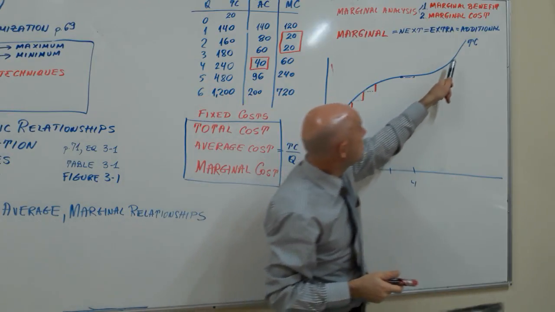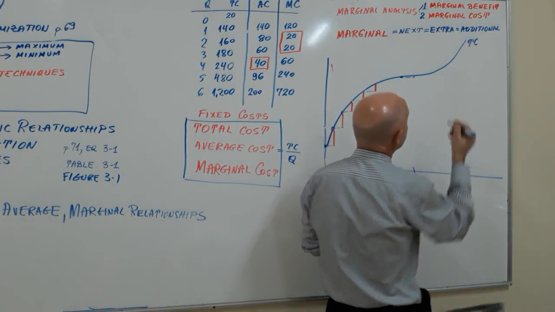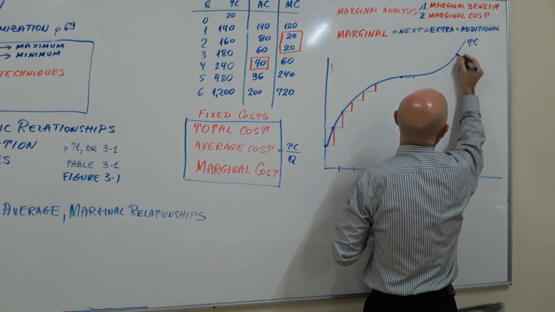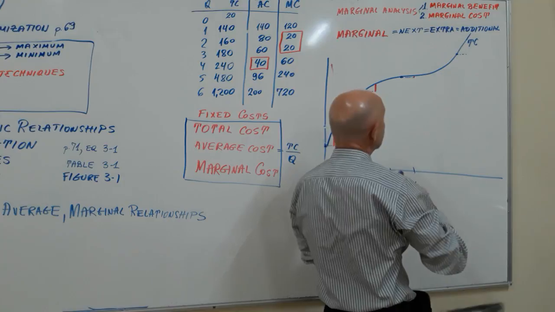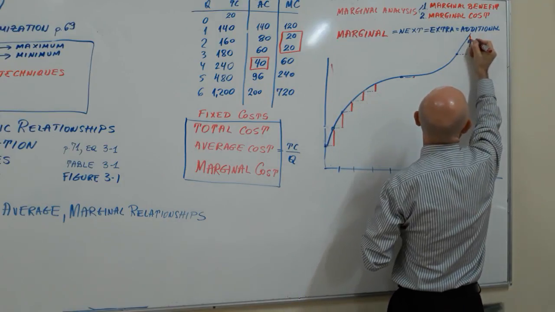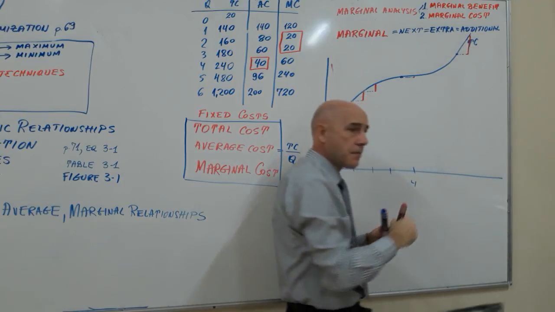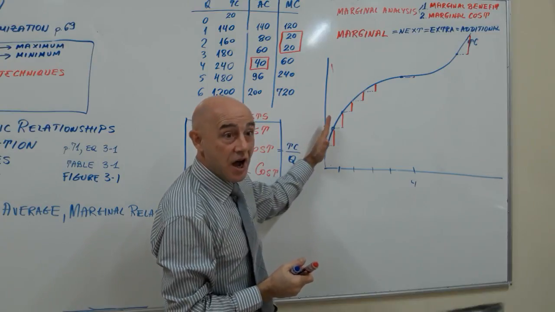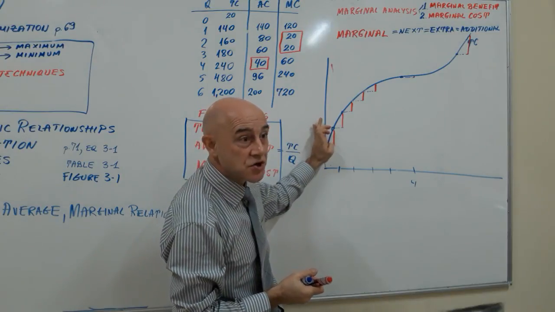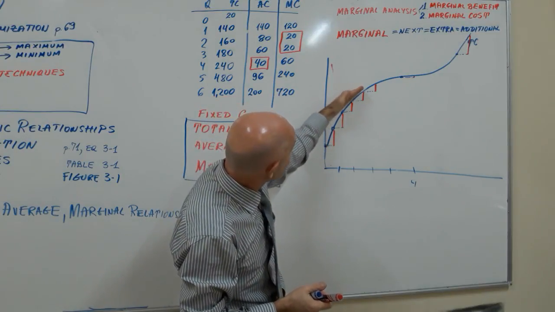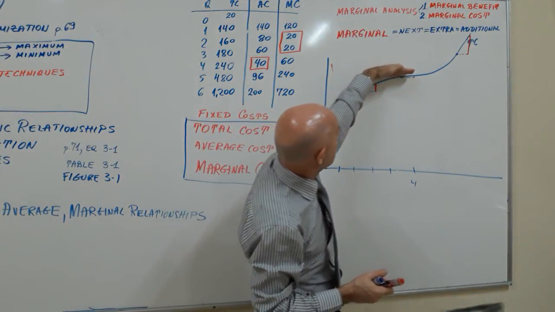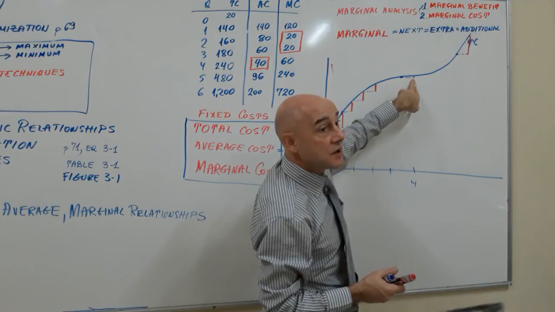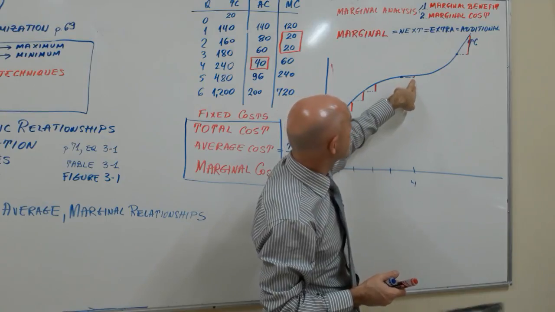Now here, the marginal cost is big. So high slope, high marginal cost. Falling slope, falling marginal cost. This is the lowest slope here, minimum marginal cost.